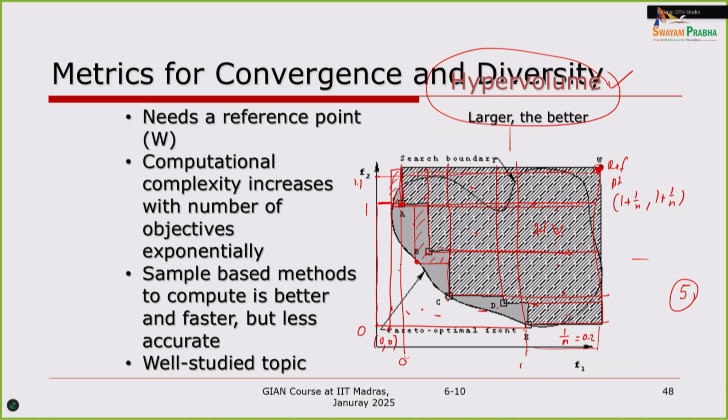Then you see which points your non-dominated set dominates. So all the points that are in this area will get dominated by your A, B, C, D, E, right? Count those numbers, divide by the total number of points you have. That gives you a proportion of what's the area here compared to this hypercube volume. Okay, so that gives you a rough idea of hypervolume.